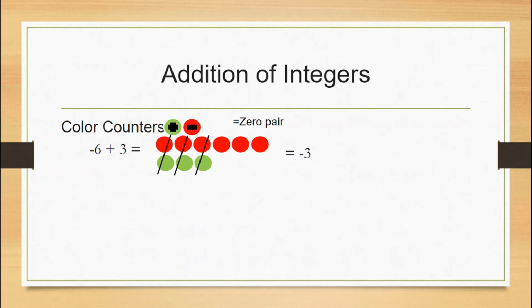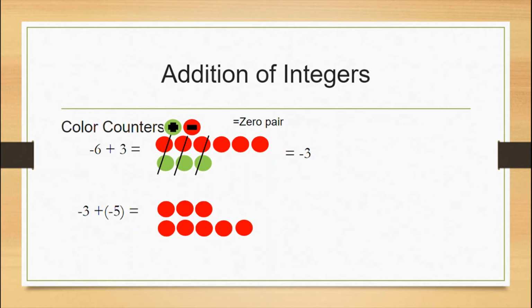Okay, now, last one. Let us try negative 3 plus negative 5. So they are all negative. We're going to count 1, 2, 3 for negative 3, and 1, 2, 3, 4, 5 for negative 5.